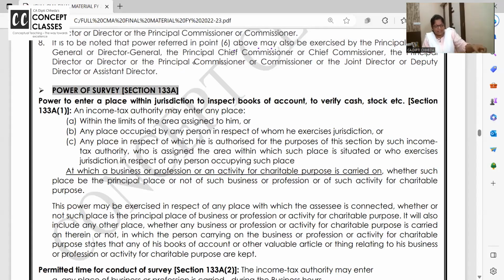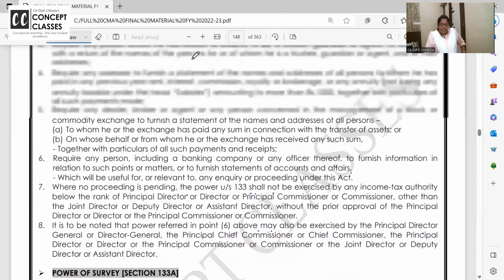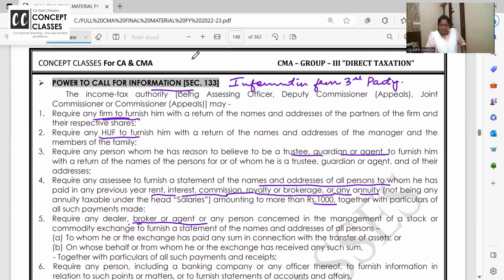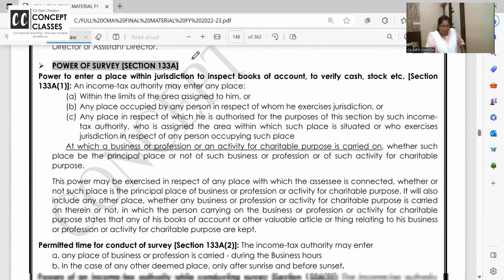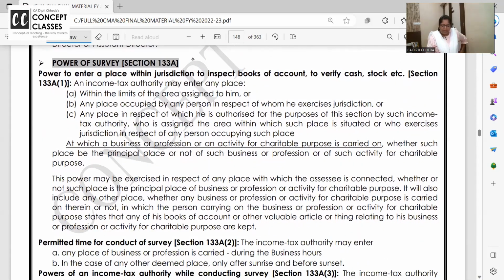Power of the survey. This says we are collecting information from third parties. Now, power of survey: power to enter a place within the jurisdiction to inspect books of accounts, cash, stock, you will check everything. Okay?